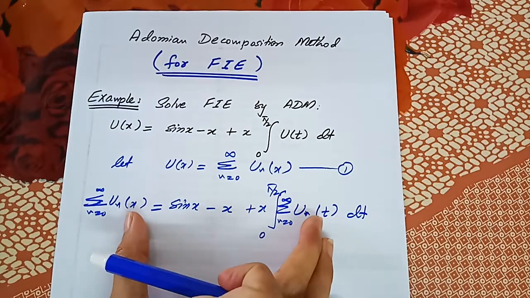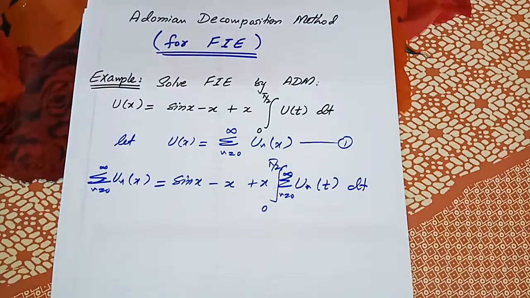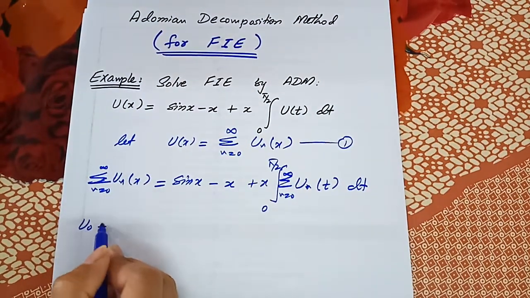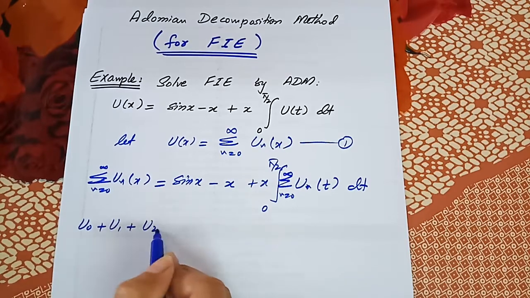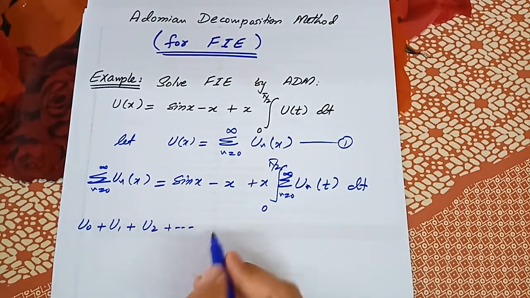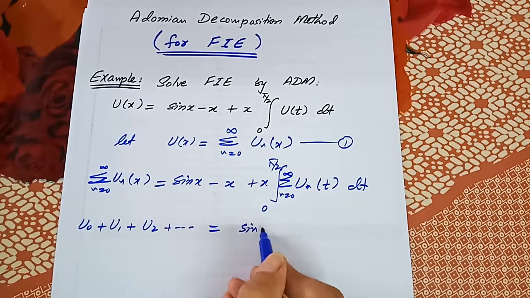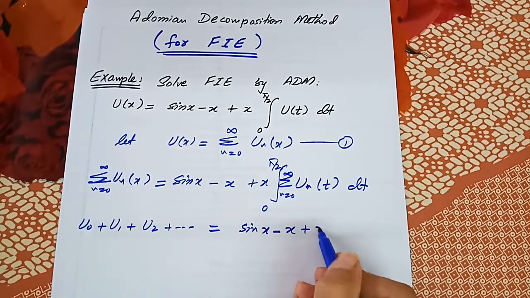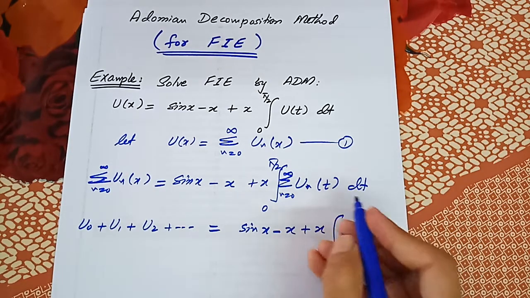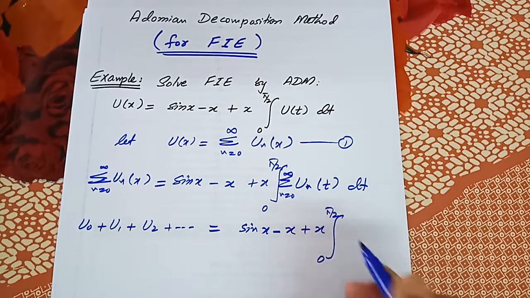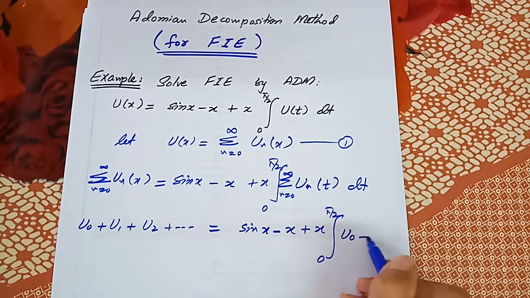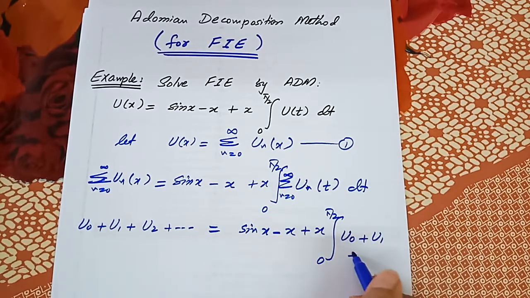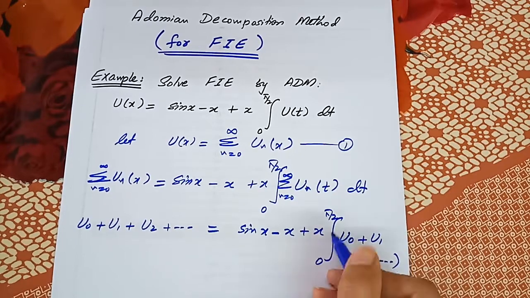Now let's expand this series. If we expand this series, we'll get u0 plus u1 plus u2 and so on, equals sine of x minus x plus x times integration from 0 to pi by 2 of u0 plus u1 plus u2 and so on, dt.